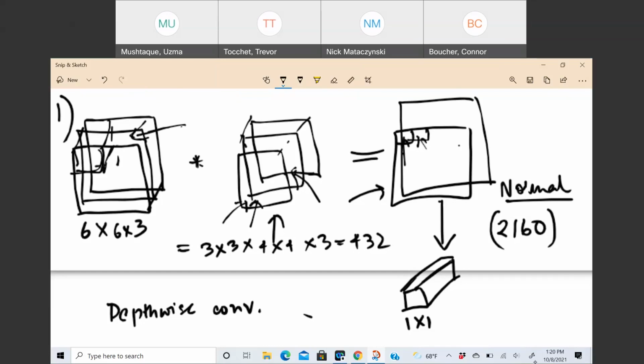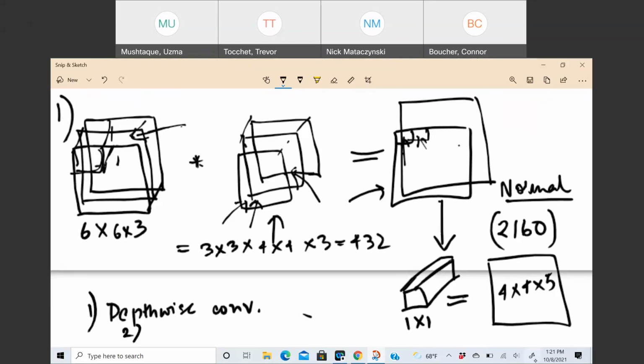What the paper shows is that in the second step, you eventually get a simple feature map of 4-by-4 by 5. The first step is the depth-wise convolution, and the second step is the point-wise convolution.